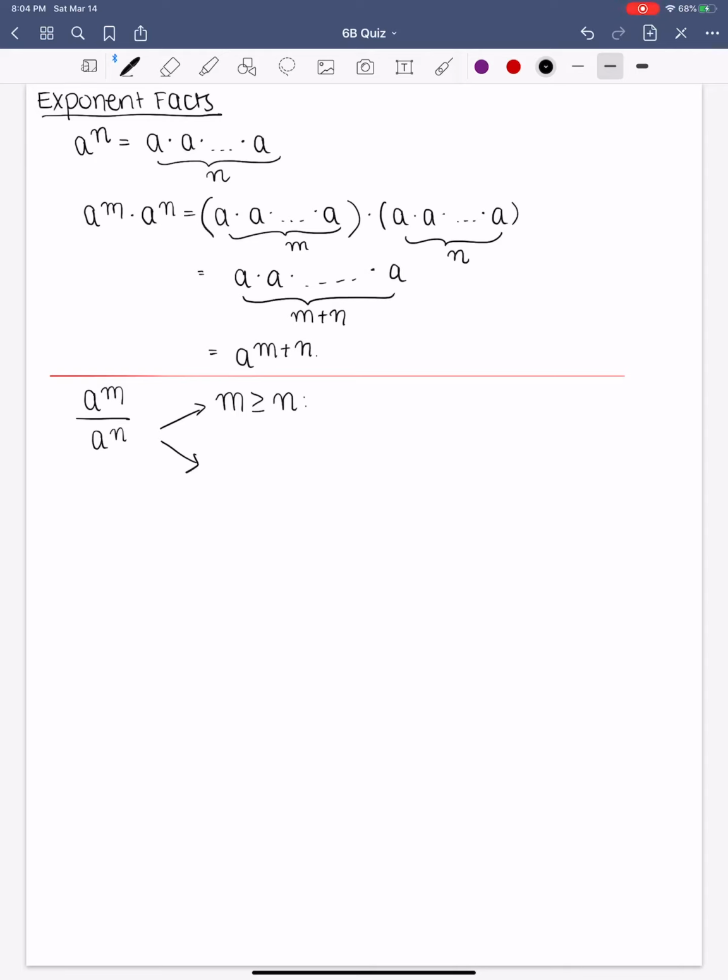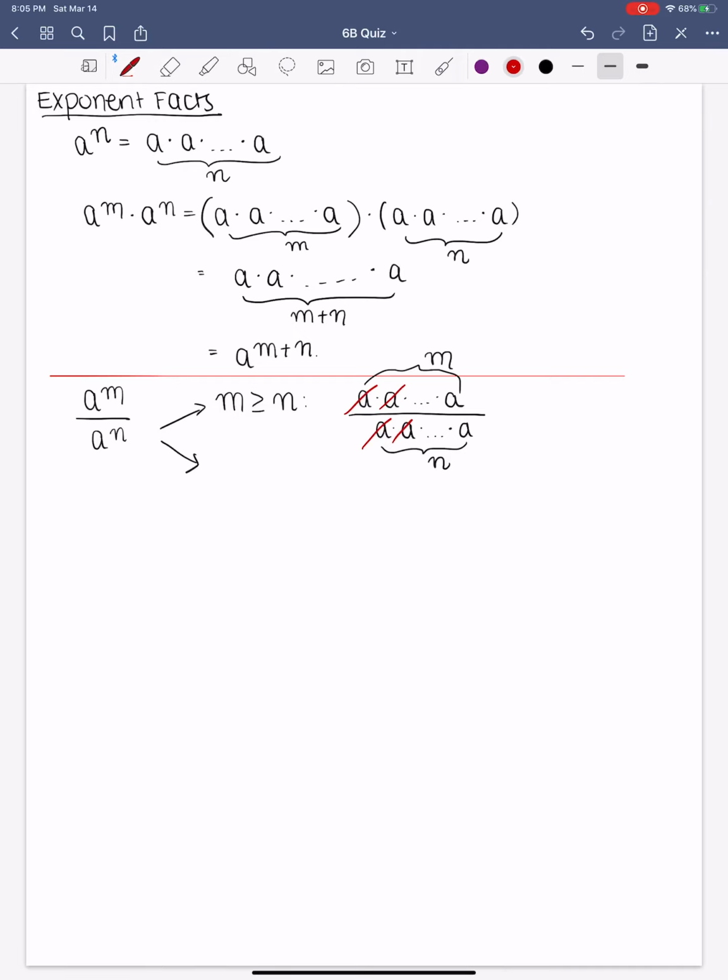If we use our definition again, we have a multiplied by itself m times, and we have a multiplied by itself n times in the denominator. So now life is good because we have the same factors in both the numerator and the denominator, so we can cancel out factors of a from both.